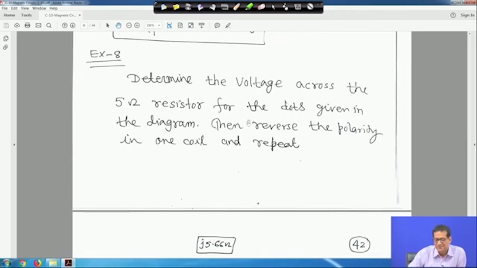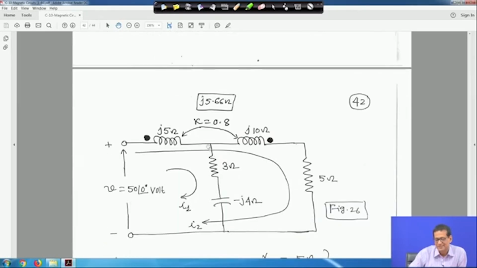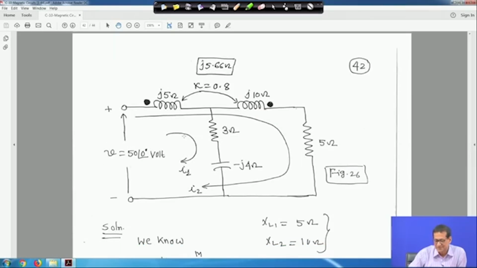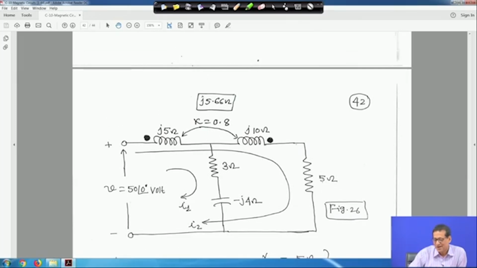Now this one: determine the voltage across the 5 ohm resistor for the dots given in the diagram, then reverse the polarity in one coil and repeat. The problem gives the coupling coefficient K equal to 0.88, and everything else is given. You have been asked to find the voltage across the 5 ohm resistance.